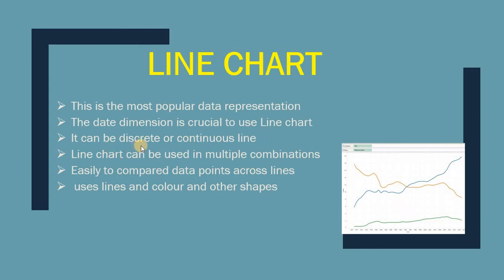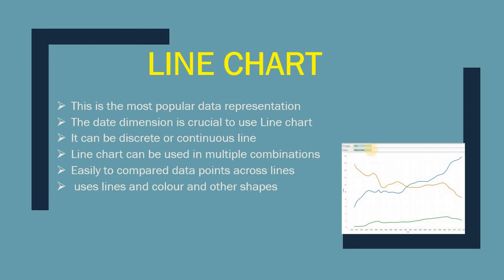Could be discrete or could be continuous. What you have seen here is continuous for a given time, but we'll see what discrete and continuous data means, and also what it looks like when we graph them using a line. Line charts can be used in multiple combinations, so we'll see those in combined charts as well.